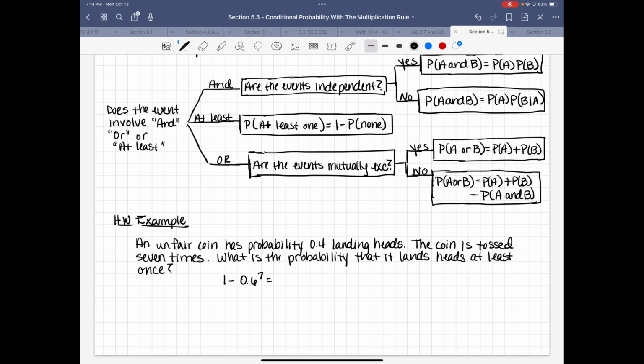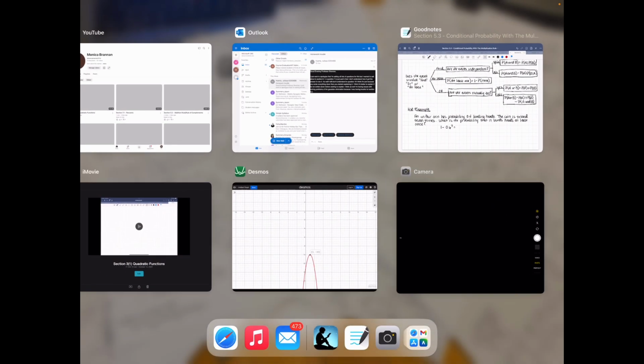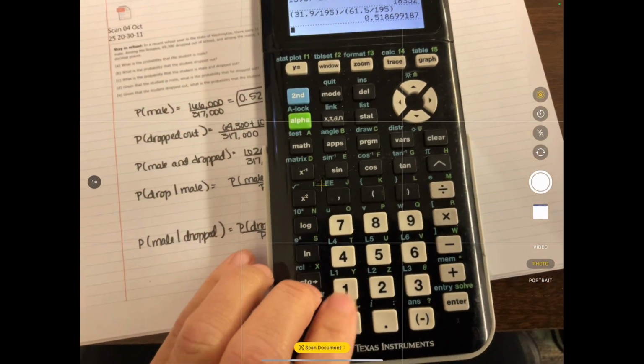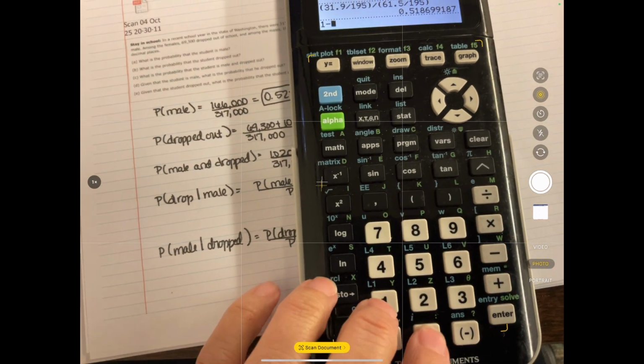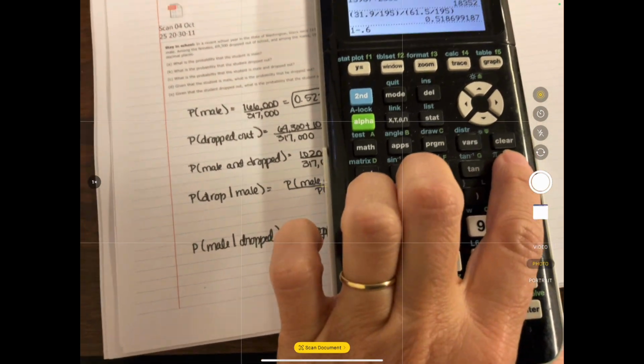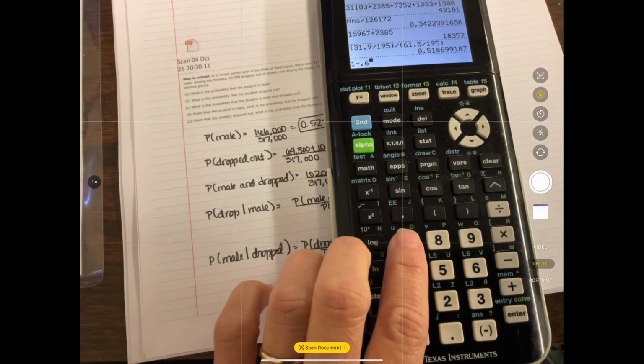So you take your calculator. What is 1 minus 0.6 to the 7th? Do we know how to use the caret key? That gives us the exponent. Everybody know how to use it? Let me find it. 1 minus 0.6, here's my caret, to the 7th.